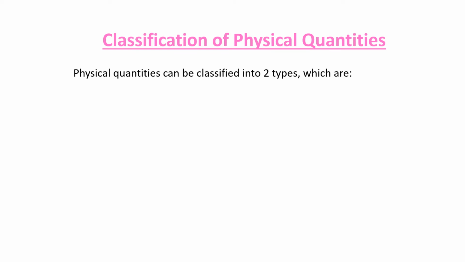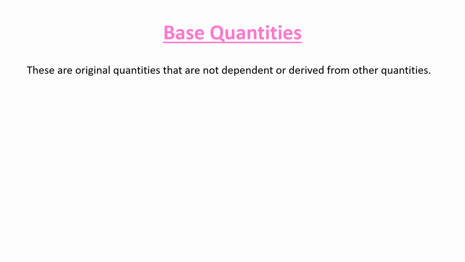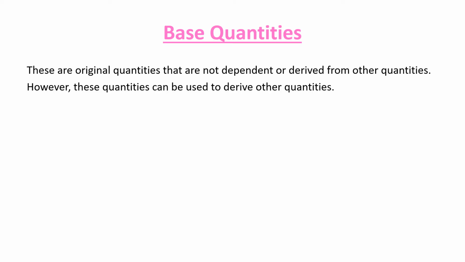Classification of physical quantities. Physical quantities can be classified into two types, which are base quantities and derived quantities. Base quantities. These are original quantities that are not dependent or derived from other quantities.